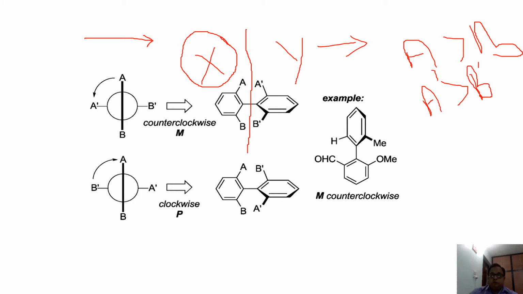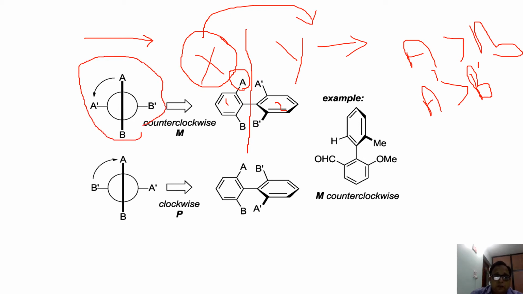Now, the viewer has to move from the portion that is near to the viewer, that is from X to Y. During this movement, he has to move from the group of higher priority of ring 1 to the higher priority of ring 2. So here, A and A prime are at the highest priority, and this whole assignment is to be done at the Newman projection structure.